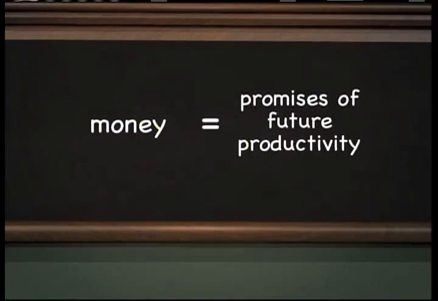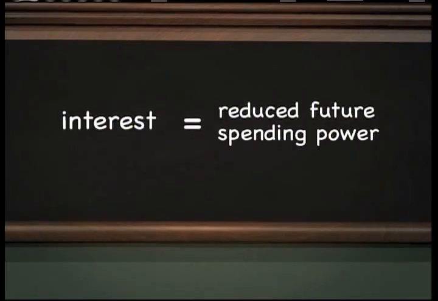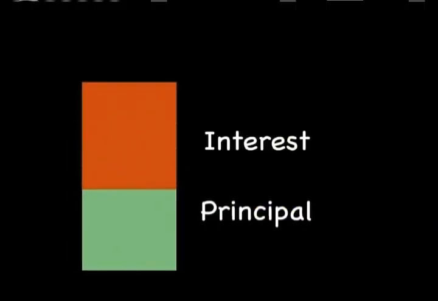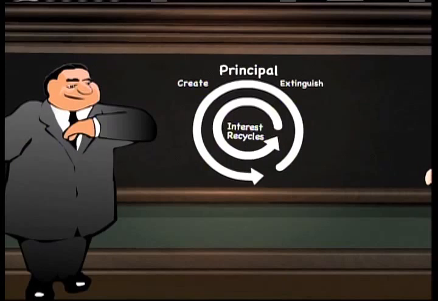So, therefore, the real value of the money that flows in our economy today is created by our promises of future productive work. We take a loan in order to have something now rather than later. We agree to pay interest on into the future, thus reducing our future spending power, often by more than the amount of the original loan.